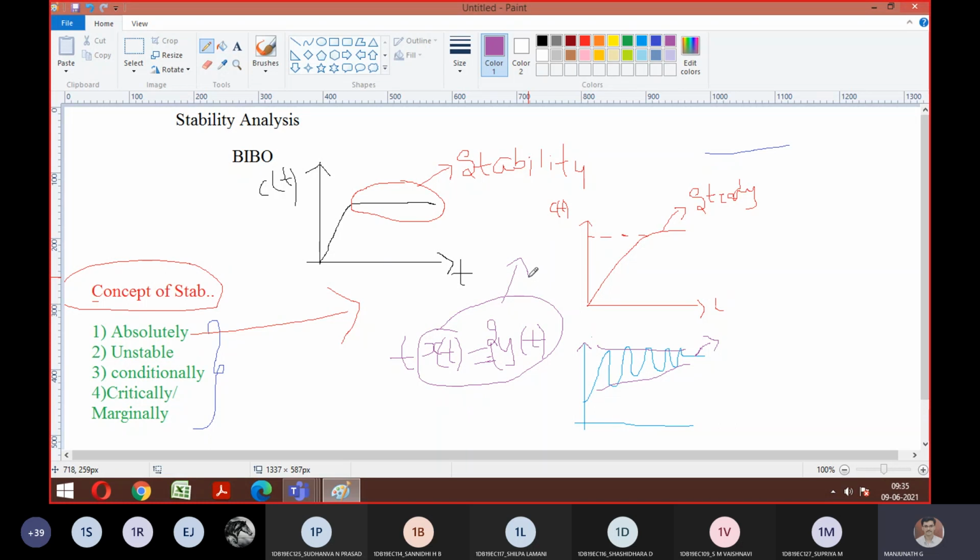Is it okay till here, everyone? Yes, sir. So this much you are supposed to analyze with respect to your concept of stability, with respect to absolutely stable.